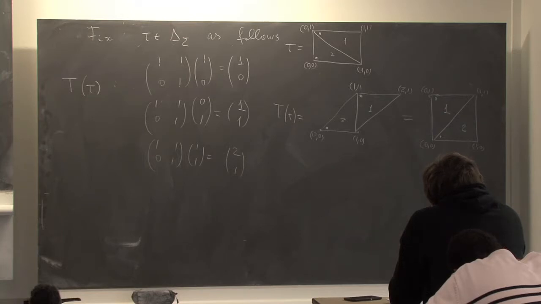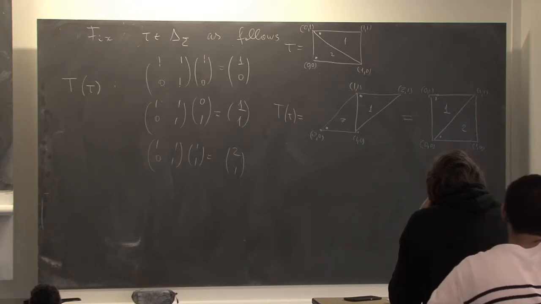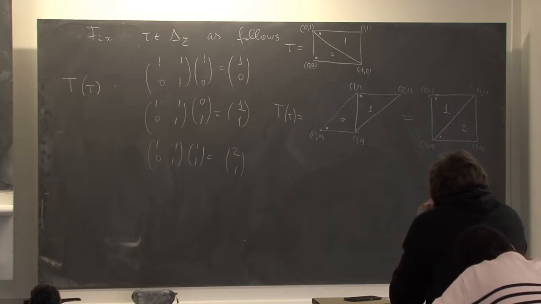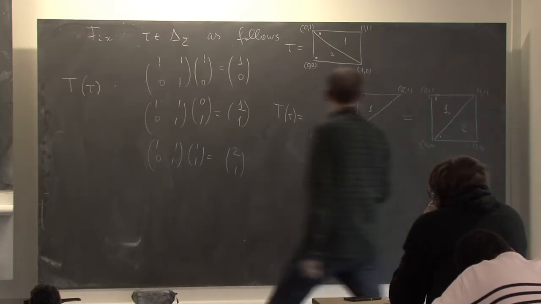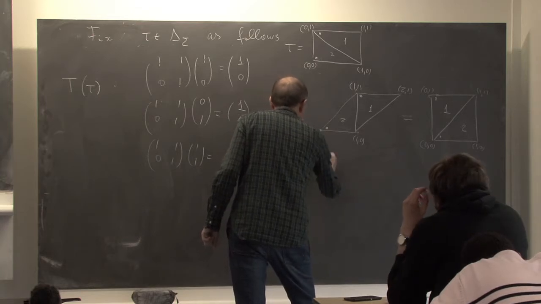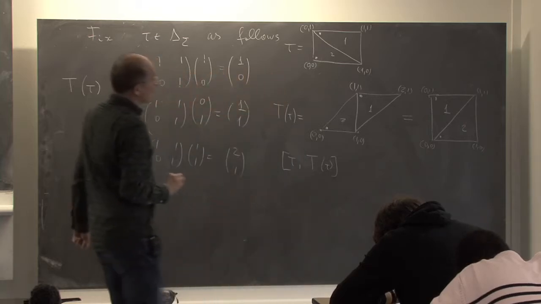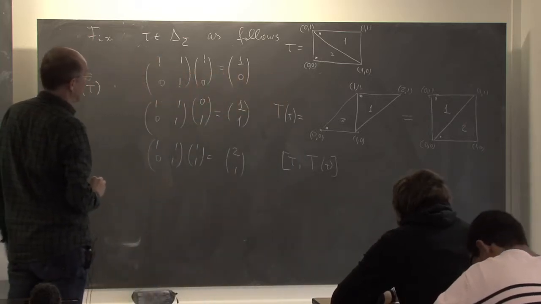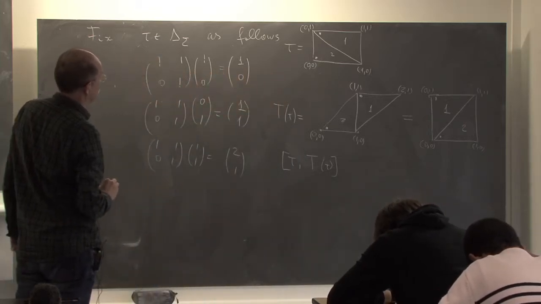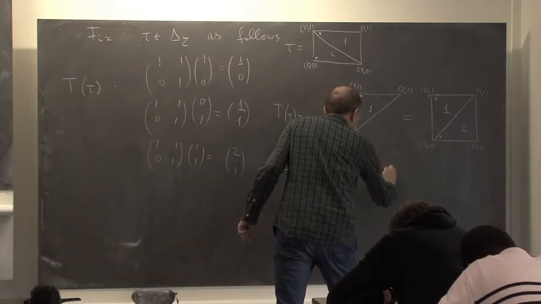And now we want to make the same result without generating morphisms in the groupoid. And you can see that the pair tau, T tau is nothing else but omega 1, 2.